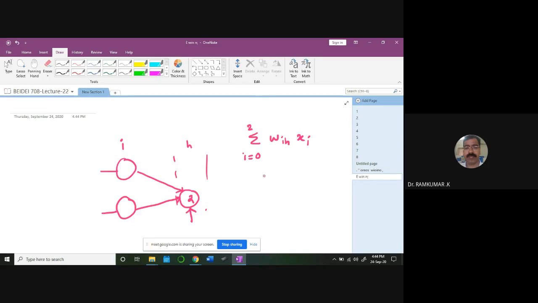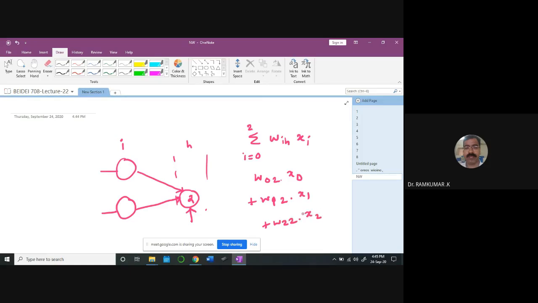It's clear. So naturally, this H is now going to be the second neuron. So it will be W_02 X0 plus W_12 X1 plus W_22 X2. Is it clear?